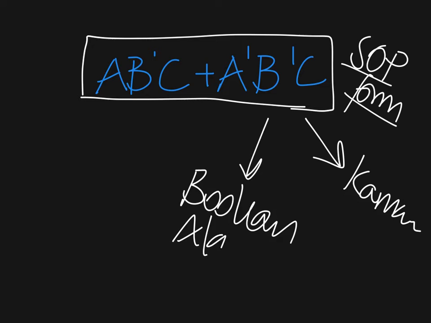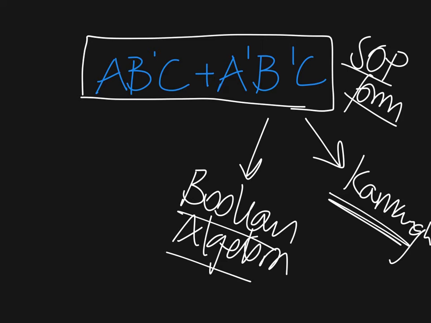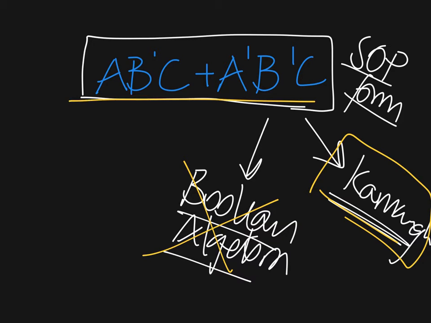So these initial steps that we talked about are the initial steps for both Karnaugh maps and Boolean algebra. So in this version of the video, we've proceeded the same steps. We're not interested in the Boolean algebra, we are interested in Karnaugh maps. So what we're going to do is take this statement here and convert it using Karnaugh maps.